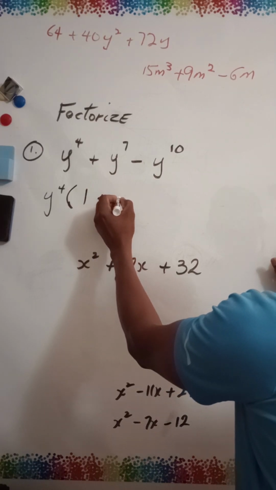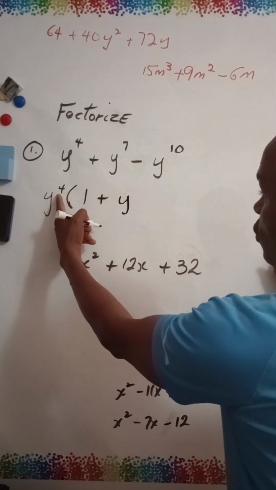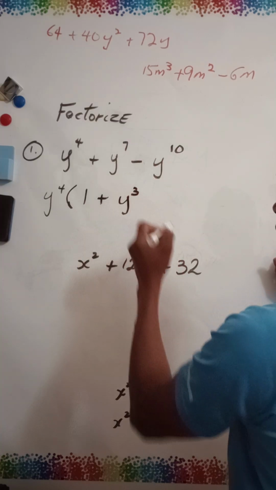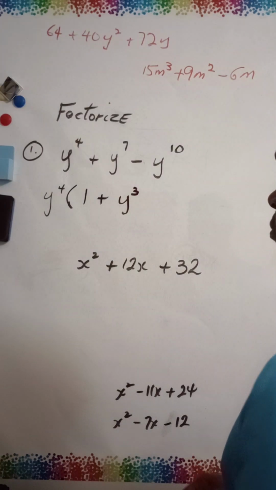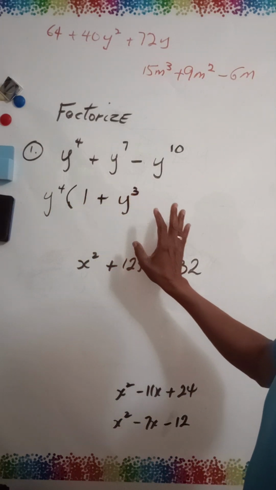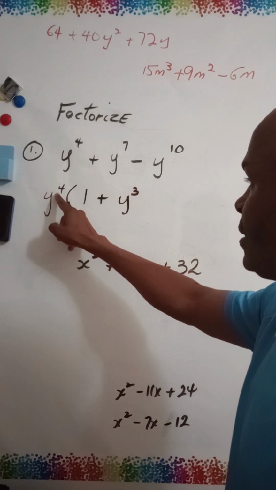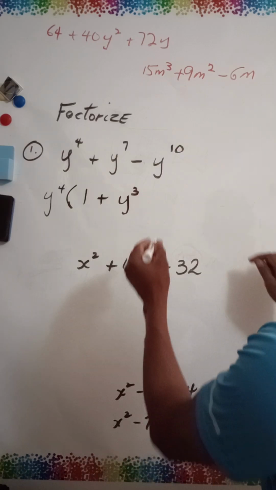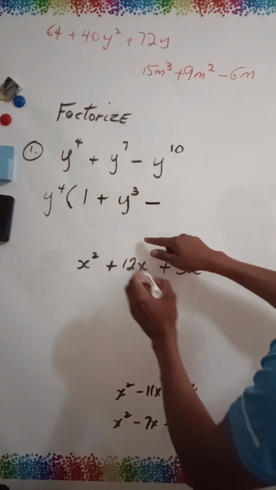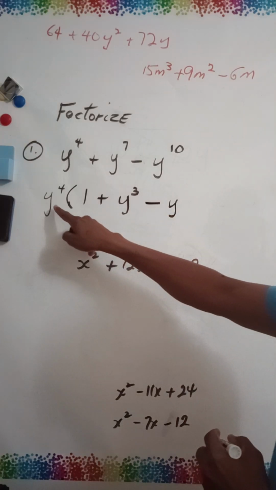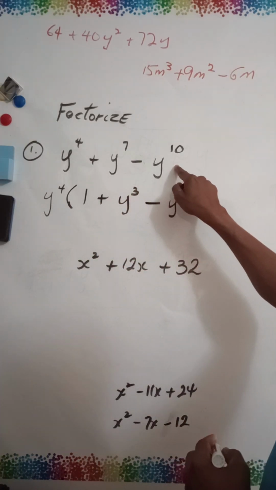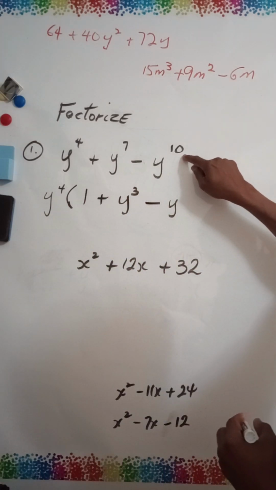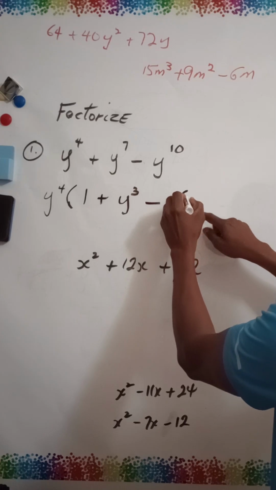You really want to know 4 plus what gives you 7, and the exponent is 3. Whenever you're multiplying bases that are the same, you always add the exponents. This is applicable to this situation. And finally, what is y to the fourth divided by y to the 10th? You want to know what 4 plus what gives you 10, and the result is 6.